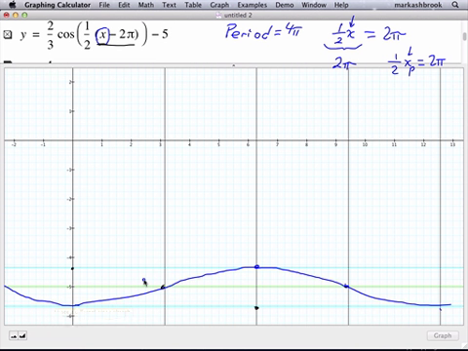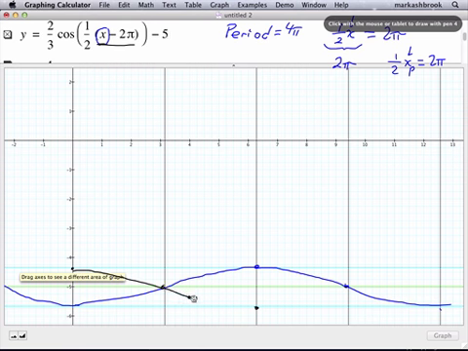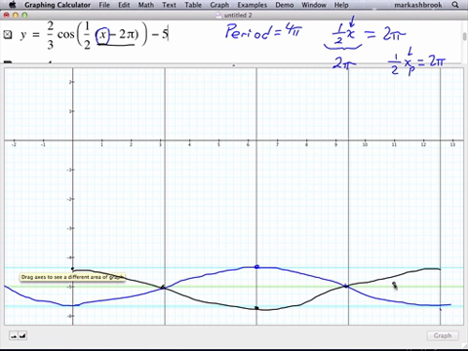So I think this is the graph. It starts at the 6.28 area, 2 pi, right? So without the horizontal shift, we have normal cosine, right? And so there's that one cycle, okay?